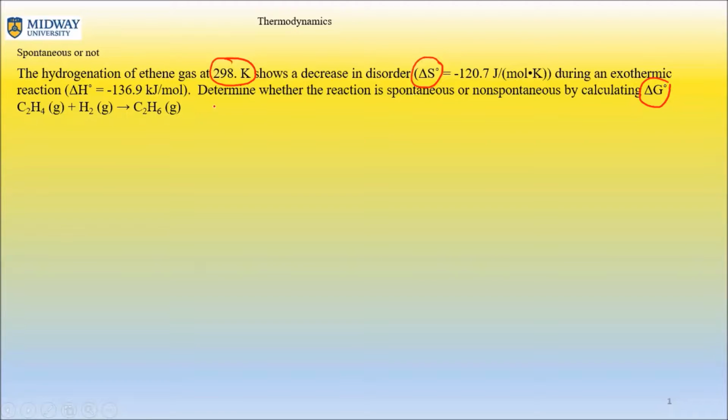And if that delta G is negative, then the reaction is spontaneous. And if delta G is positive, then the reaction is non-spontaneous. Okay?